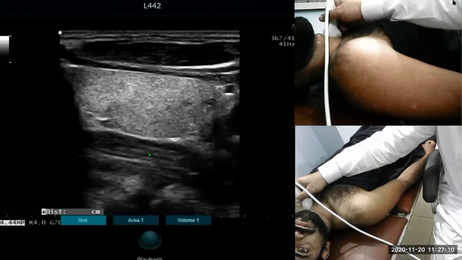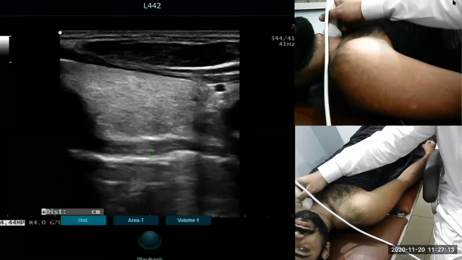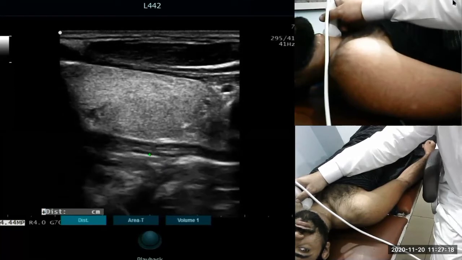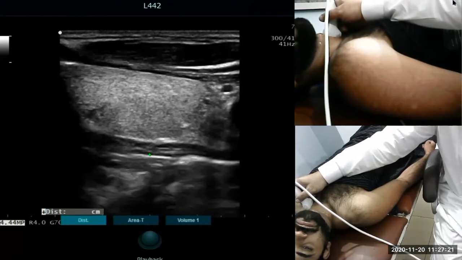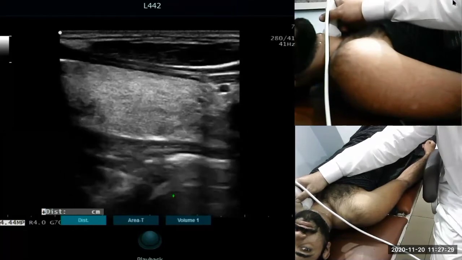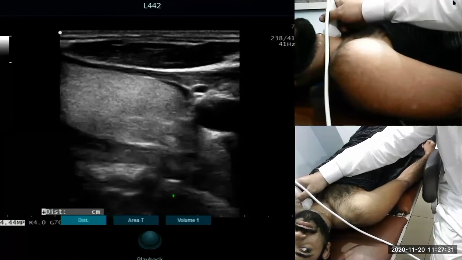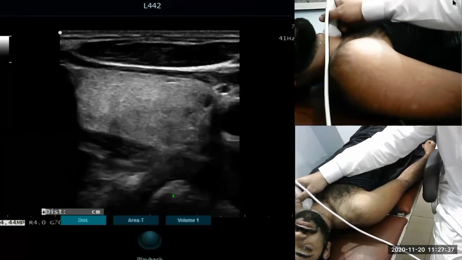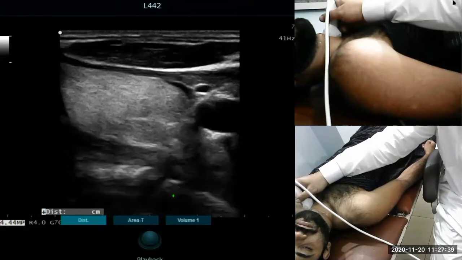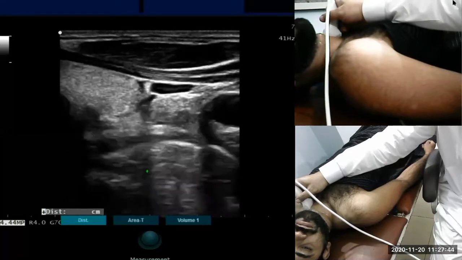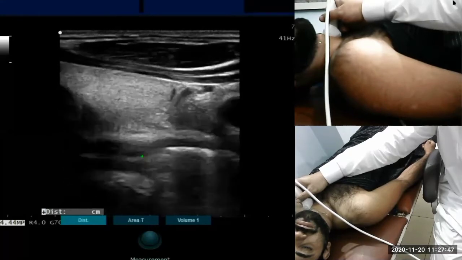You will notice movement of it. There you see the air. You will see this white line going in this direction. There, yeah. There you see. There you see again. This is it.